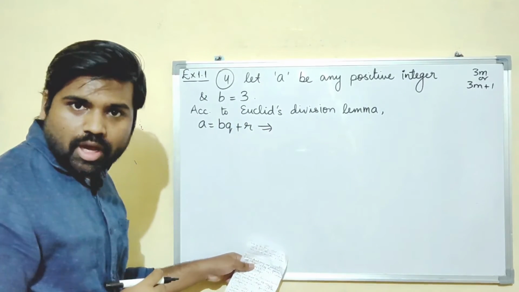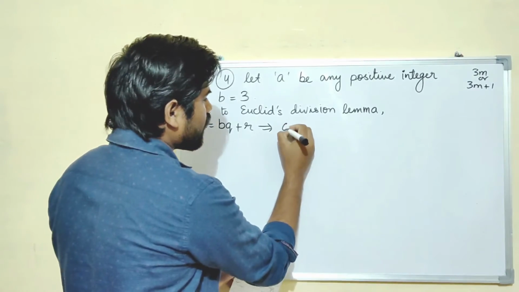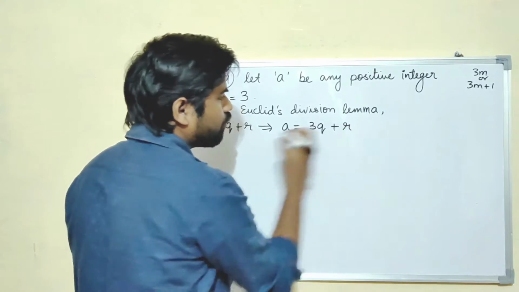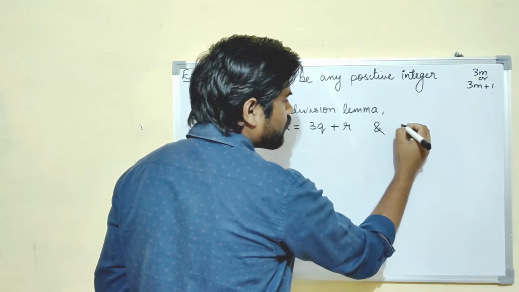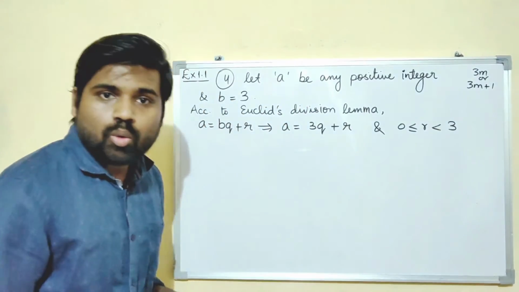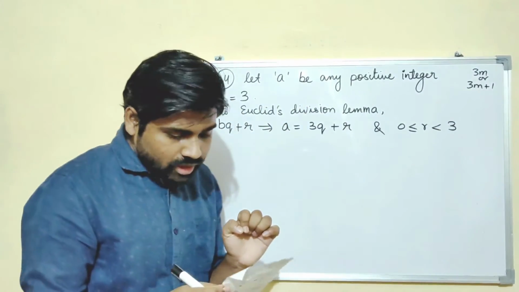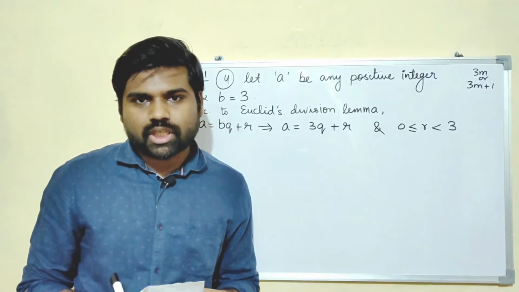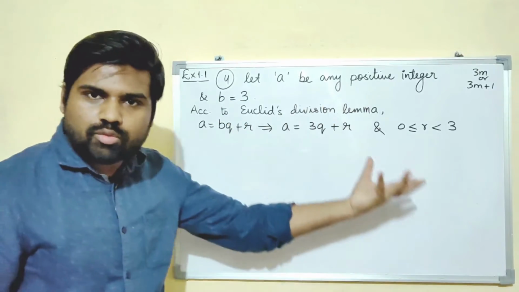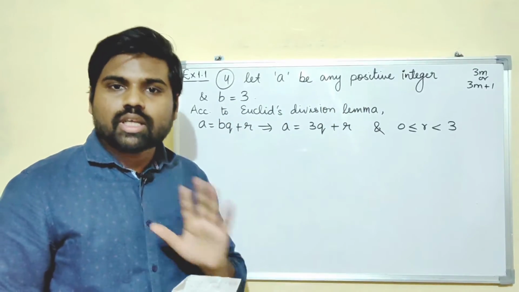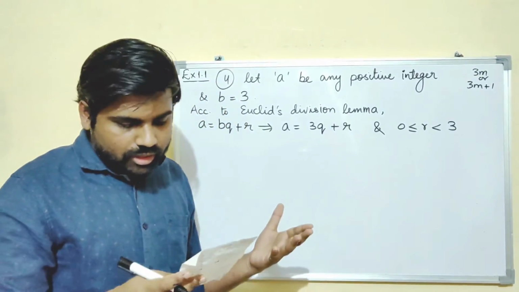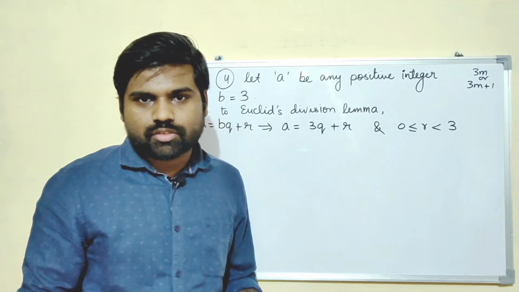And when we substitute the value of b here, you will get a equals to 3q plus r, and the condition is 0 is less than or equal to r is less than 3. Now what is said in the question? That you have to square the positive integer. Till now what we were asked was that it is of the form this and this. Okay, we didn't have to do any squares or cube. Now in this particular question it is said that you have to take the square of the positive integer.